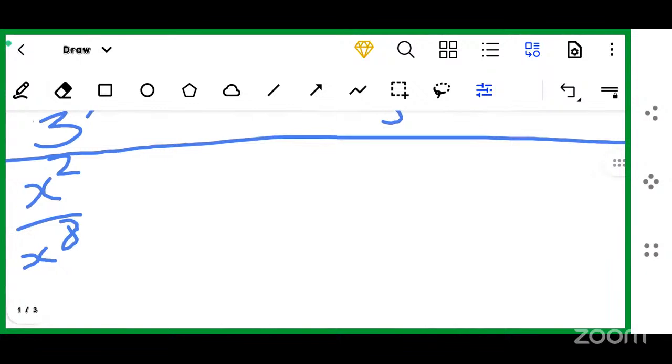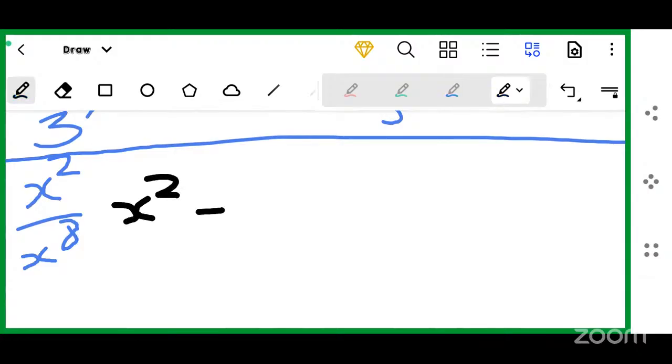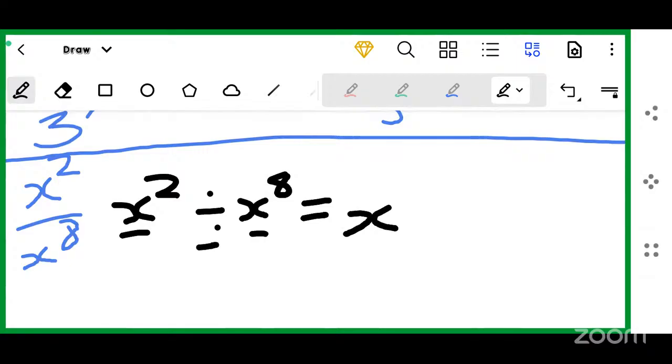Since we have the same base, we write 1. We are dividing, meaning that we subtract the two exponents, starting with the 2 because it's the first one. So it's going to be 2 minus 8.